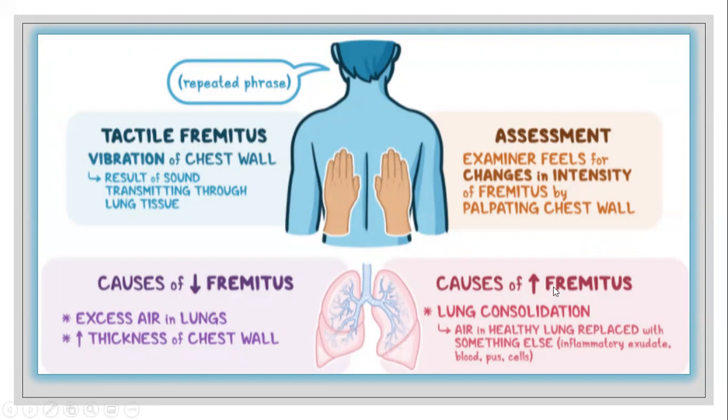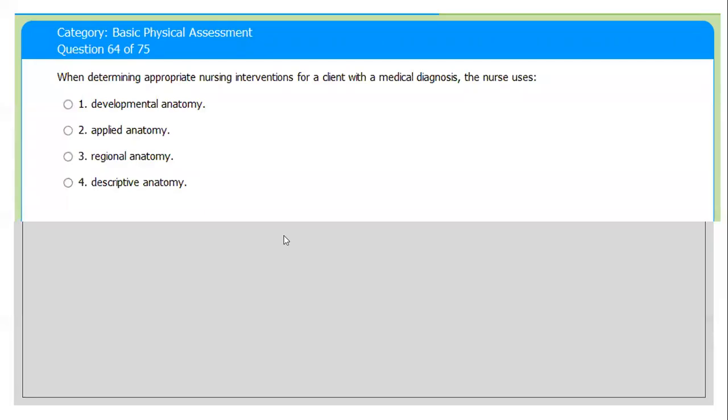So what are the causes that increase the fremitus, like lung consolidation? So tactile fremitus is the increased transmission of the sound wave through a consolidation, like tumor. Assessment, what do we assess? Examine, feel for change in intensity of fremitus by palpating the wall.